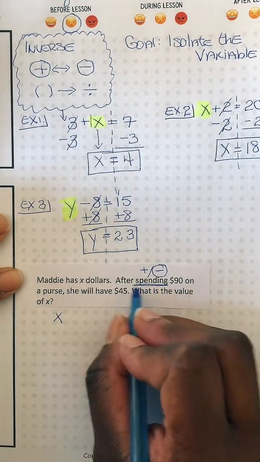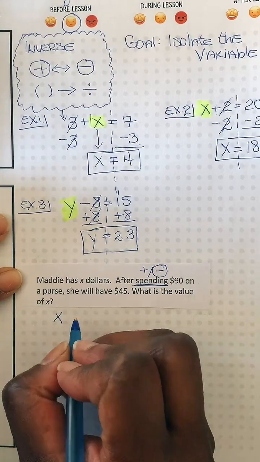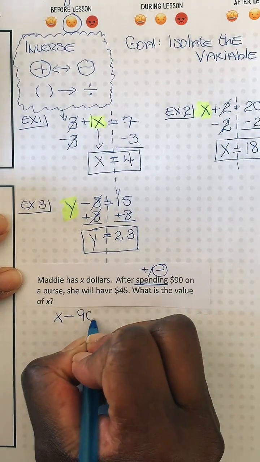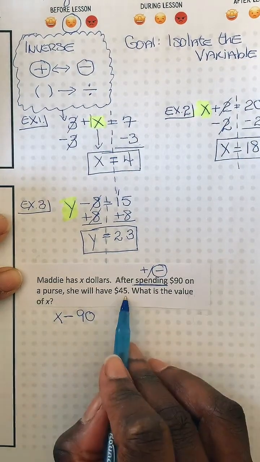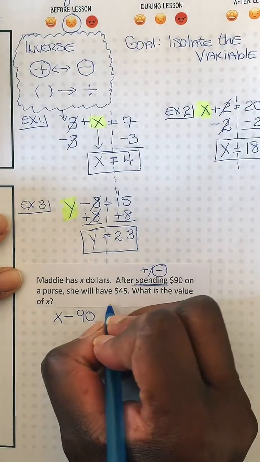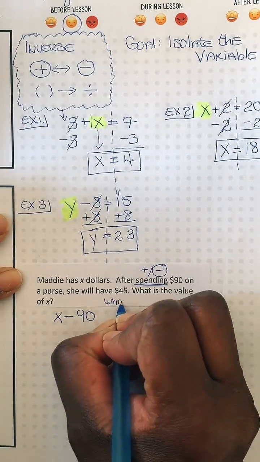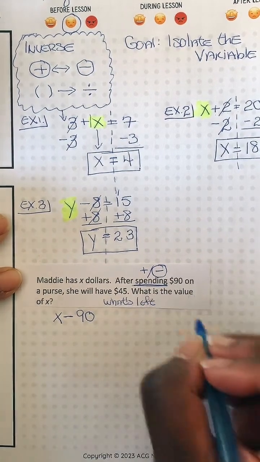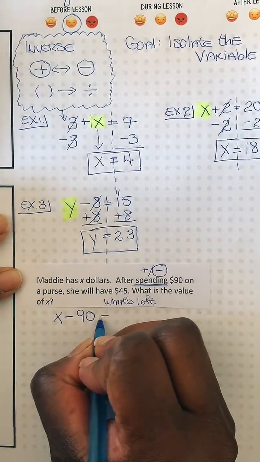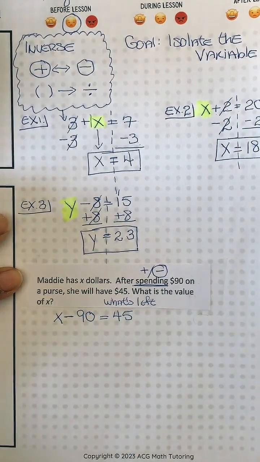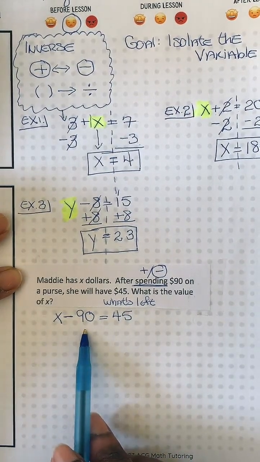So that means after spending $90, that's minus 90, she will have $45. This is telling me what's left. So that's going to be my result.